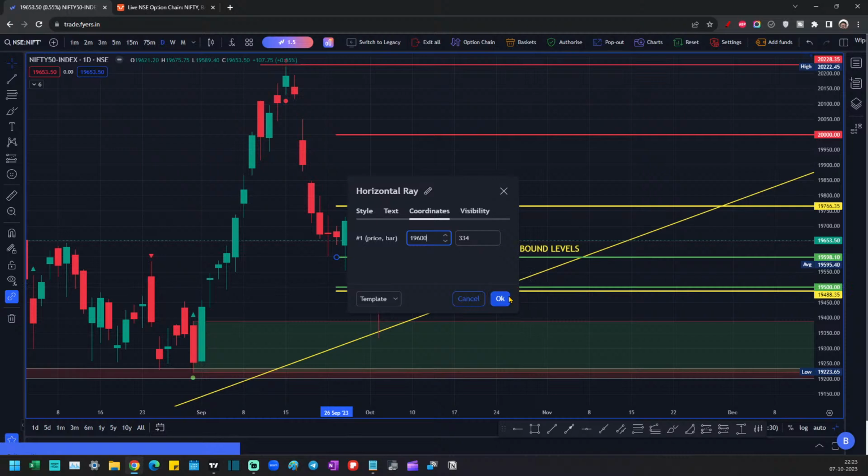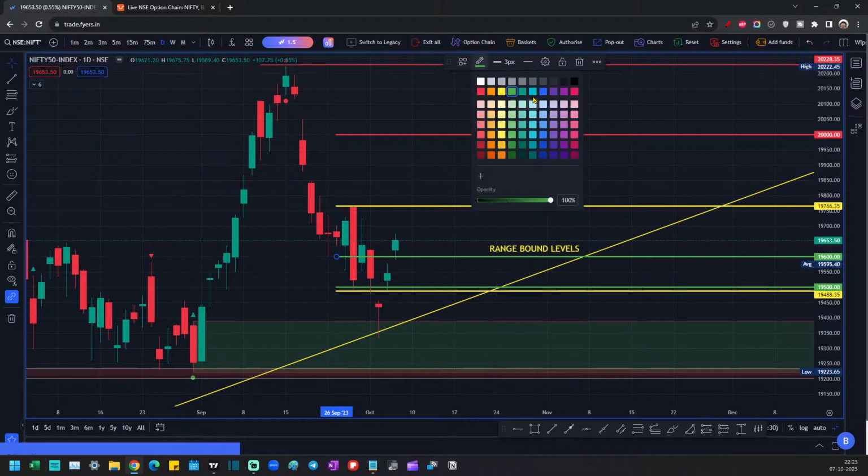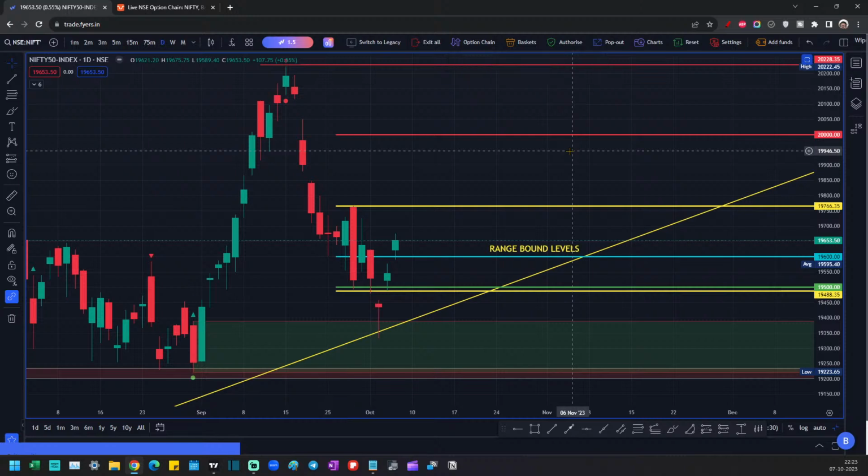This support is valid only till coming Thursday, and this data will definitely change. So I'm going to change this color and maintain this chart for next week's purposes. So 19,600 is the support for the upcoming expiry.